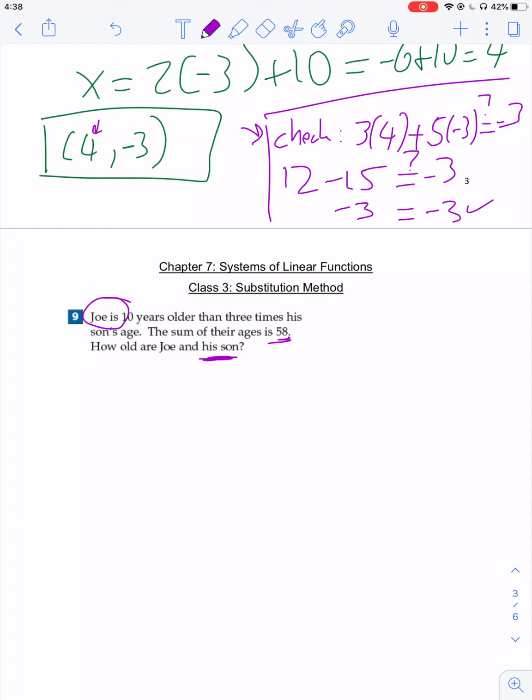Okay, so what I would do is, it doesn't really matter, but a wise thing to do would be to say Joe's son's age is equal to x, okay? This is kind of confusing, so there's a lot of words. We know that it's Joe's son, right? Son's age is x, and Joe's age is equal to 10 years older than 3 times.